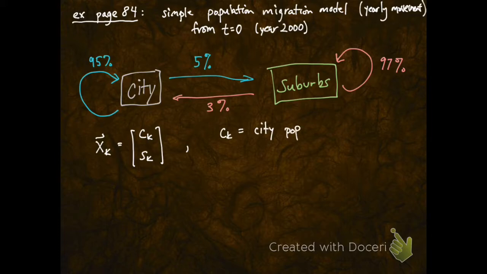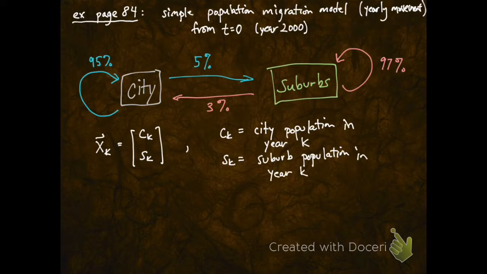And so we're going to measure the system. So we'll let c_k be the city population in year k, and s_k will be the suburb population in year k. We're going to put this together in some state vector x_k, c_k, s_k. And now we're going to try to analyze what happens 1 year in the future.